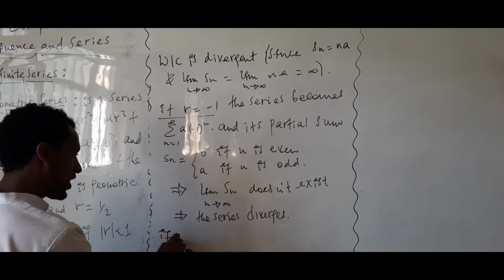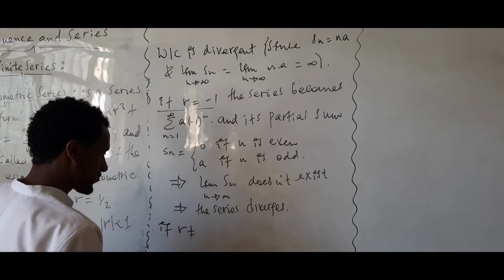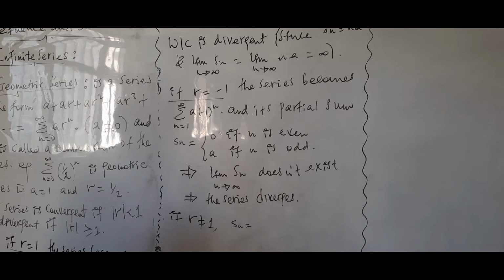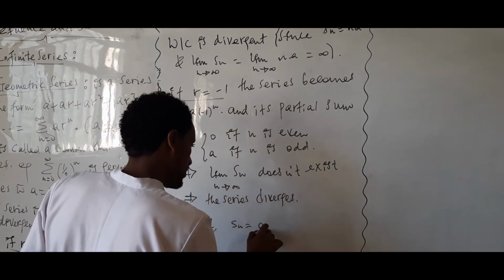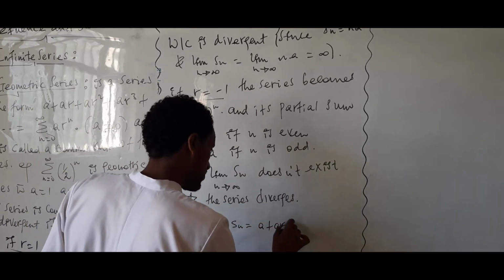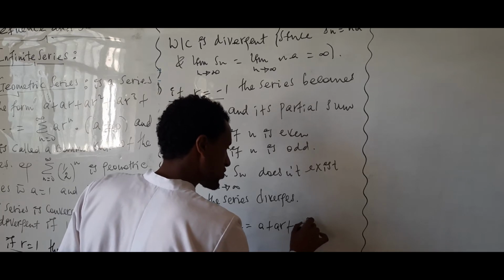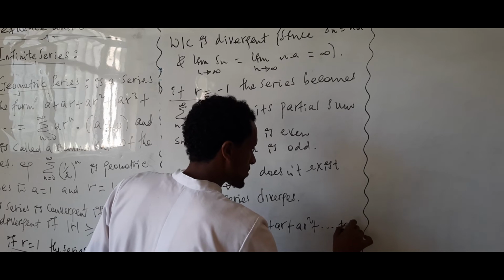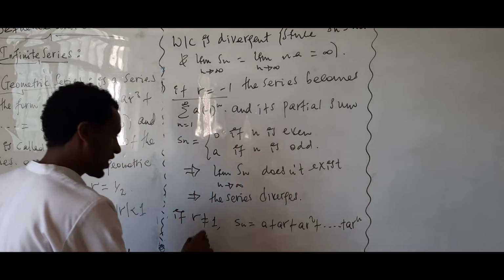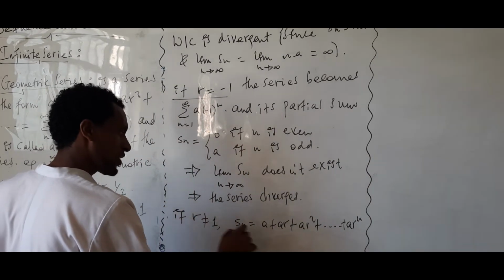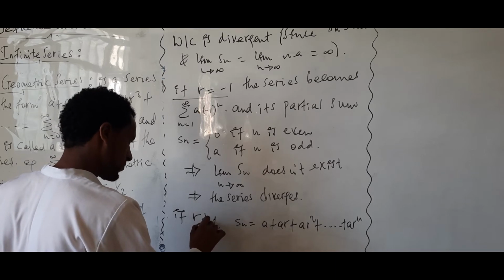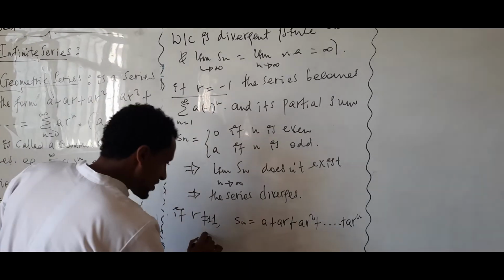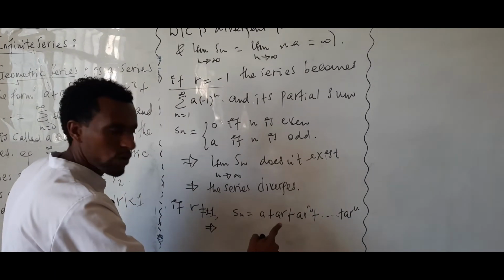If r is different from plus or minus 1, Sn is equal to a plus a times r plus a times r squared plus up to a times r to the power of n minus 1, since n starts from 0.